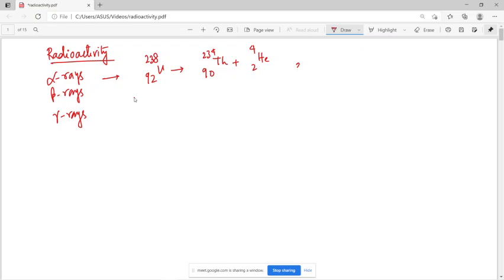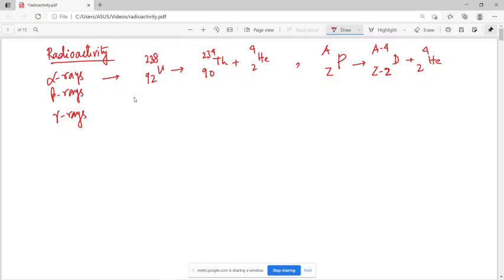In alpha decay, if this is the parent nucleus and an alpha particle is emitted, then in the daughter nucleus A will be decreased by 4 and Z will be decreased by 2, and the helium particle carries the difference, so the total is constant. In several problems you have to find the number of alpha particles.